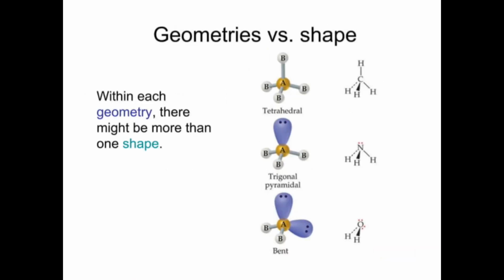Now, furthermore in our discussion, let's look at geometry versus shape. Within each geometry, it is possible you have more than one shape. In a particular geometry, it is possible you have more than one shape, and of course, this is caused as a result of the presence of lone pairs of electrons.